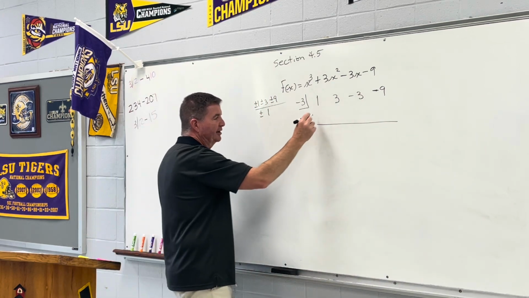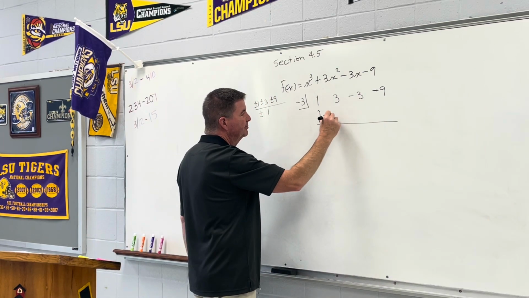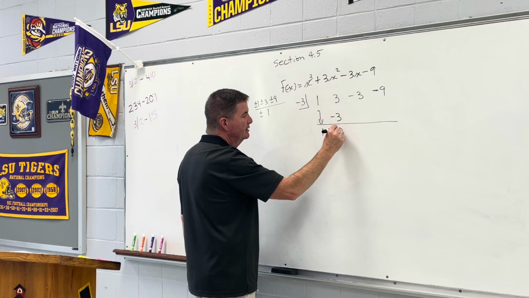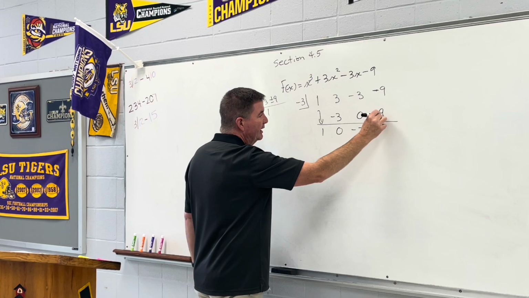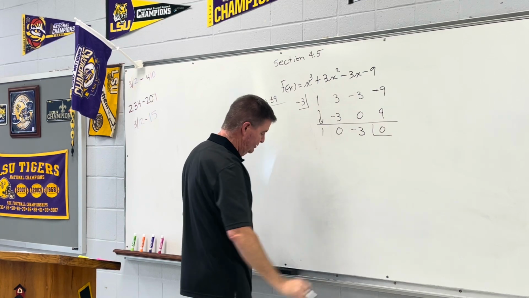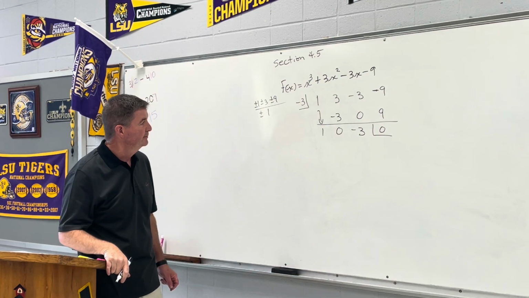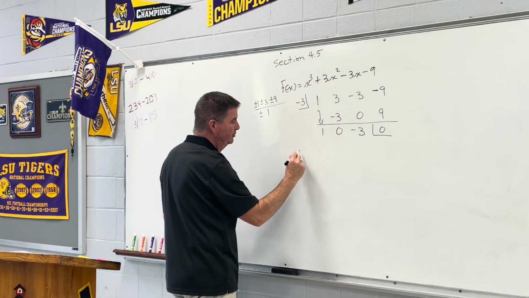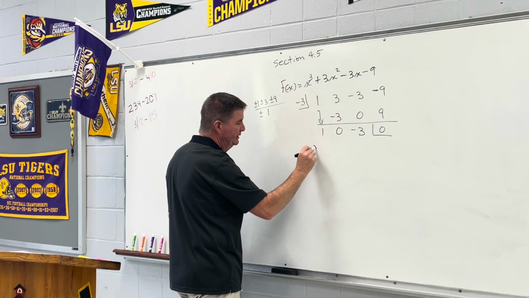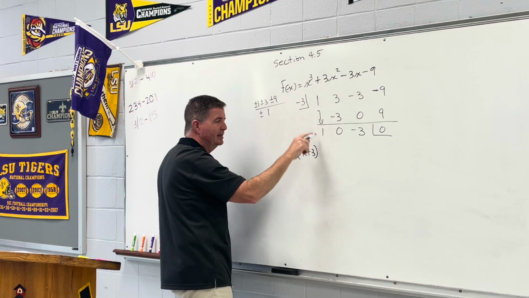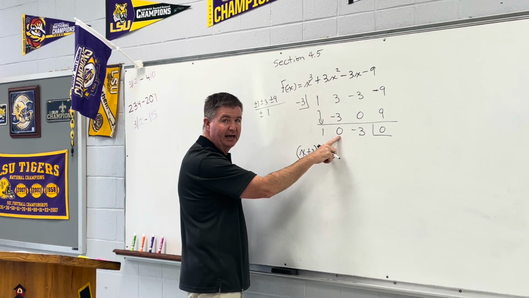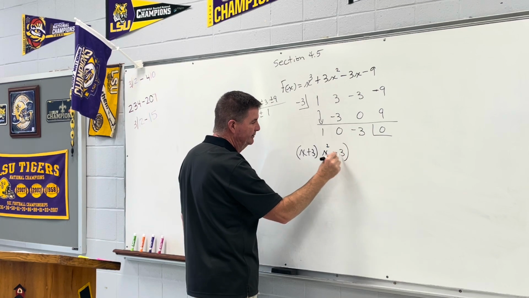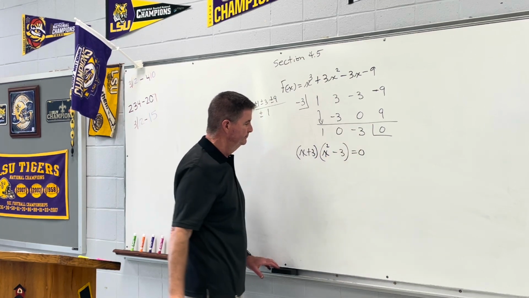I would have brought down my 1, multiplied, giving me a negative 3, 0, 0, negative 3, positive 9 for a remainder of 0. So my binomial would be x plus 3, which accounts for this, and then I would have x squared, no x, so minus 3 equals 0.